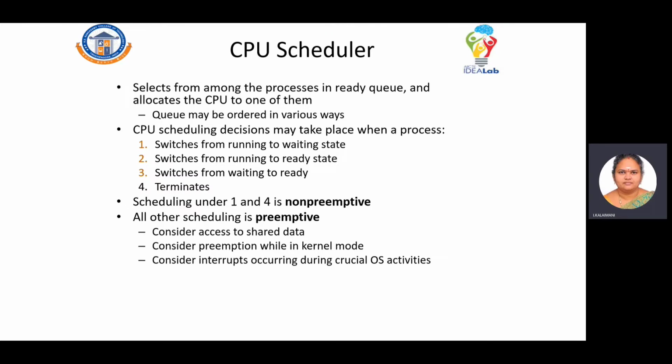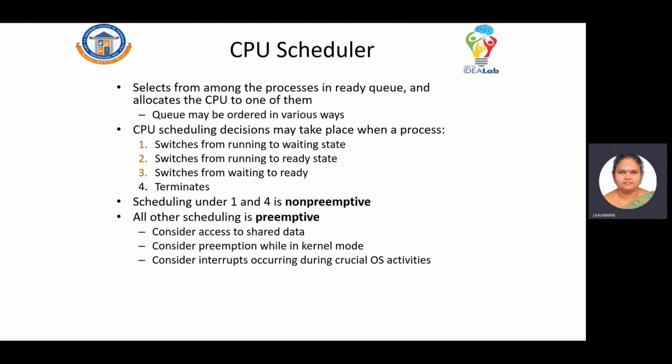It may occur when the time slice expires, or when any process has to move from running to ready state. Then the CPU has to get the next process for running. In this case, we are in need of a CPU scheduling decision.